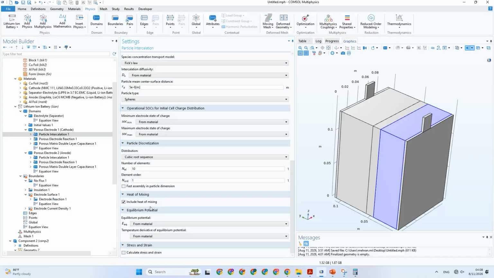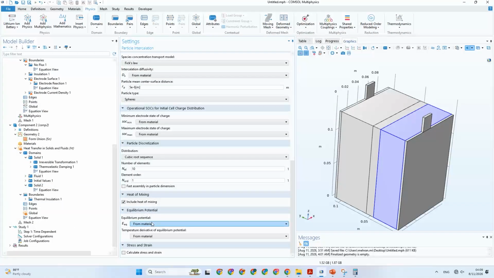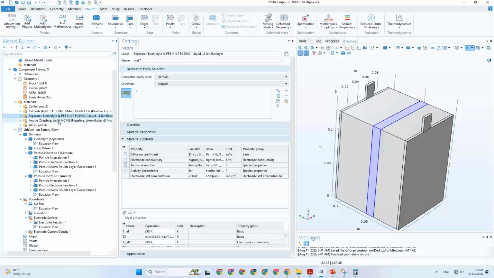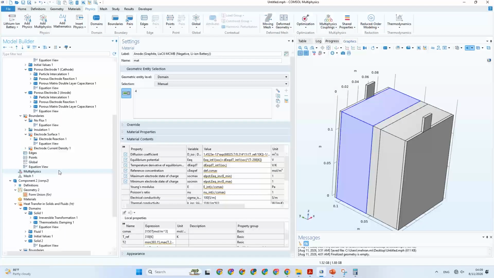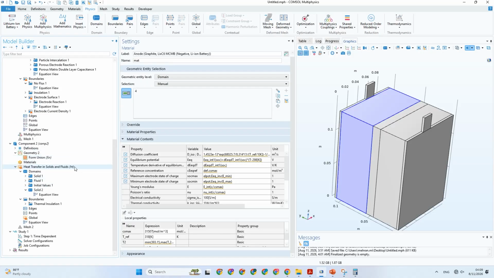When we add heat of mixing, it can help us for some variable defining. Let me. Okay, maybe till here it is okay for now.